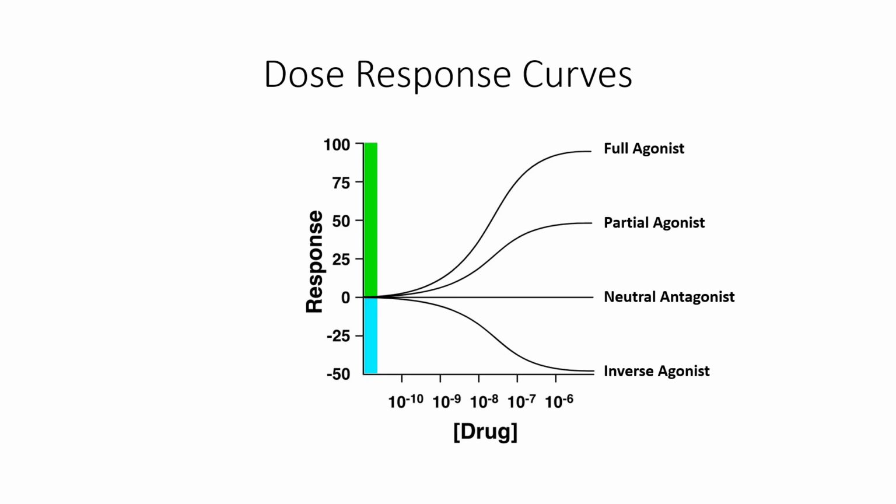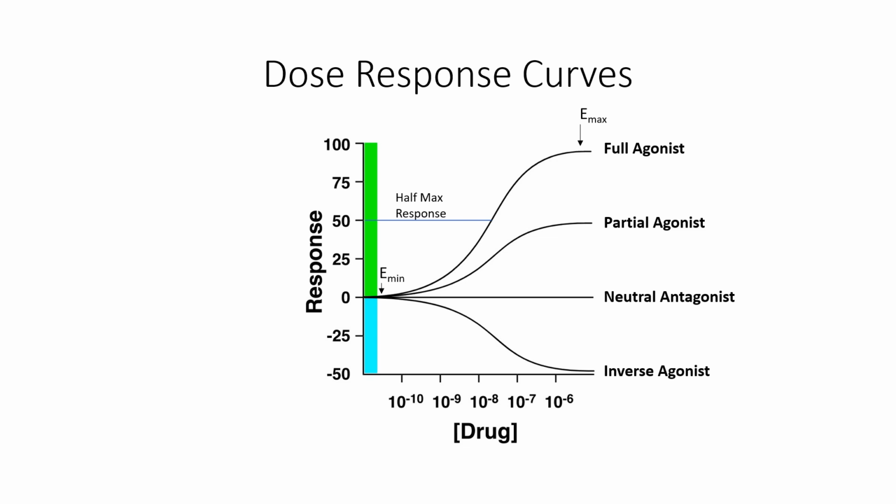On a dose-response curve, we can also measure the E-min, the minimum response exhibited by the concentration of drug. We also have what's called an E-max, which tells us how efficacious or effective the drug is. The other parameter we can get from a dose-response curve occurs when we take the half maximal response of the receptor. For the full agonist, this would occur at 50%.